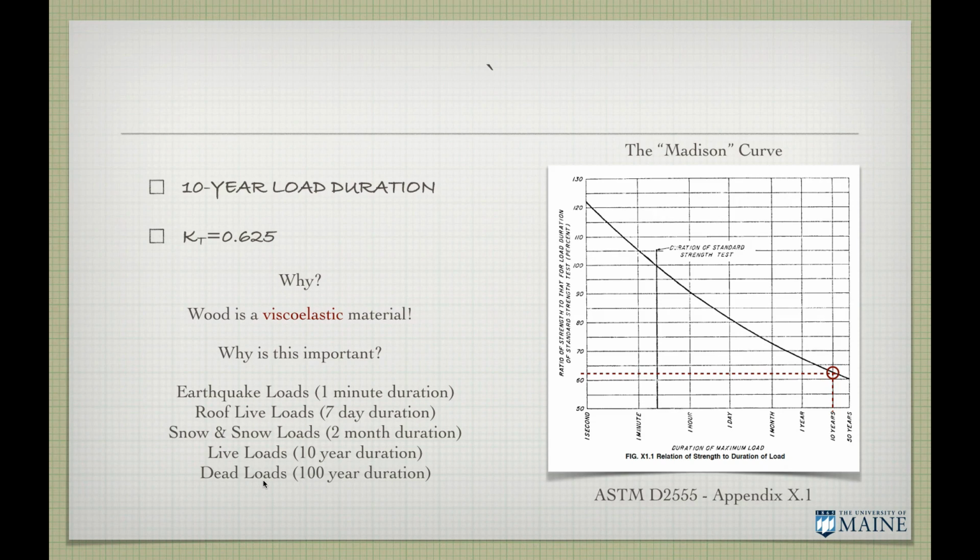In the US, we define that as being 100 years. Say a building won't be around more than 100 years. There are cases where that's not the case, but that's what we define as a permanent condition, a dead load, and that is the weight of the building itself.